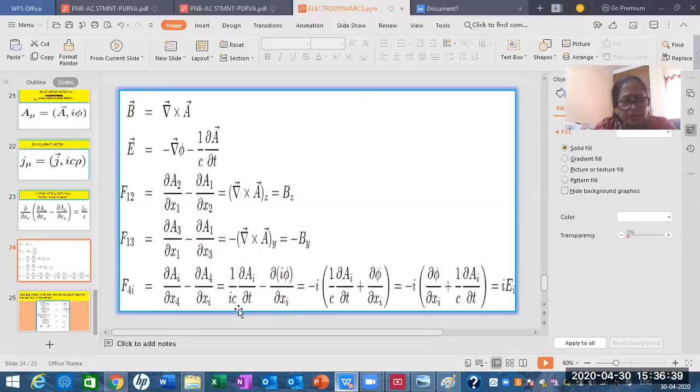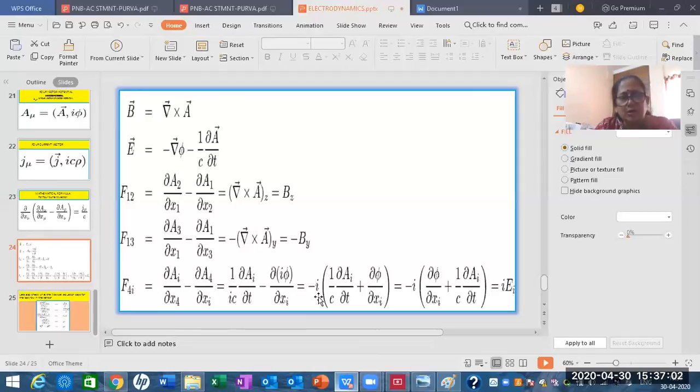Now in this one, multiply both numerator and denominator by I. Divide and multiply by I. This I factor will come here, this I factor will come here. This will become I square, and I square is minus 1. Both are having I as the common factor. I have taken I outside here.